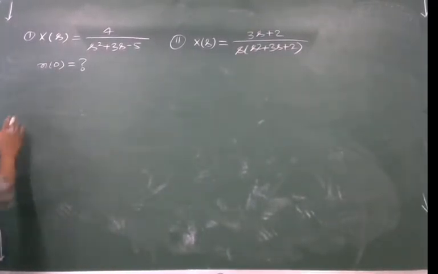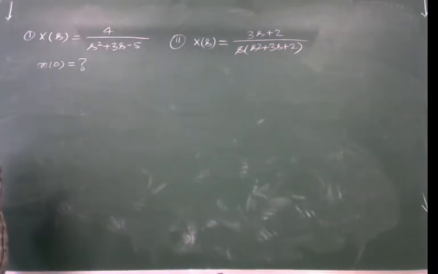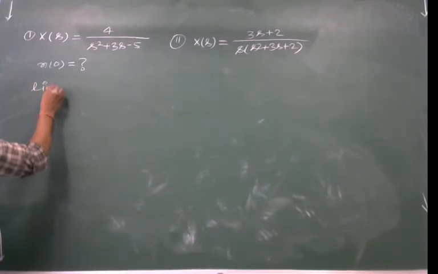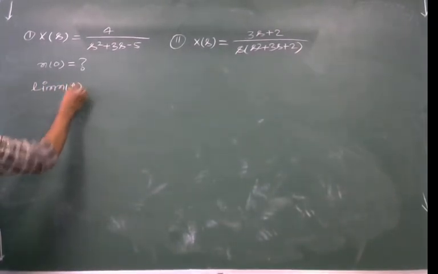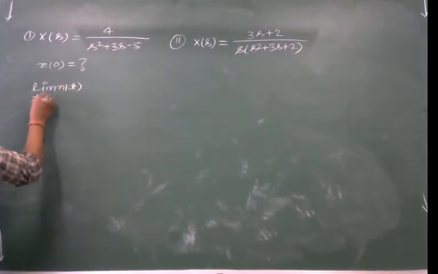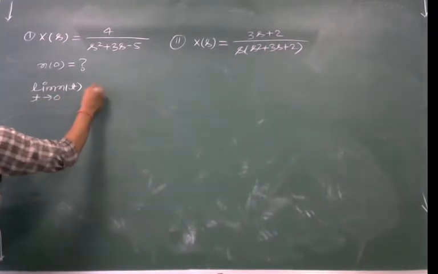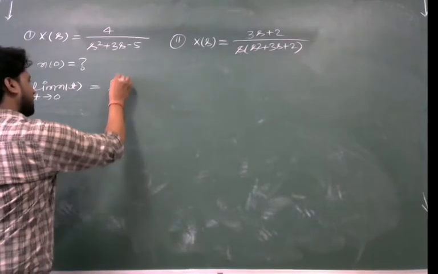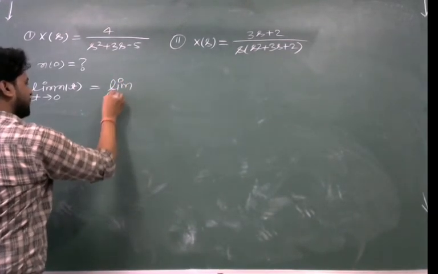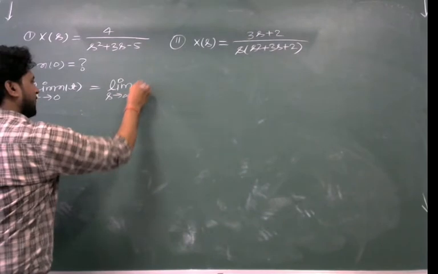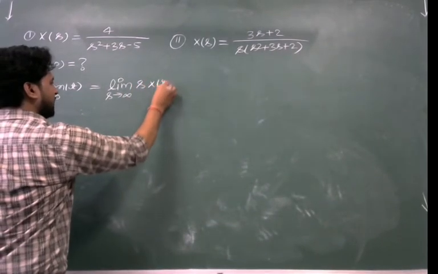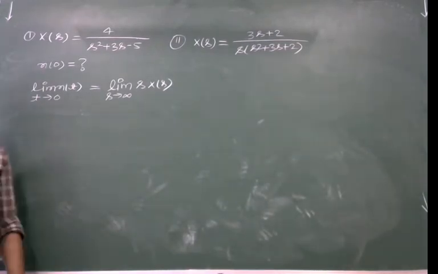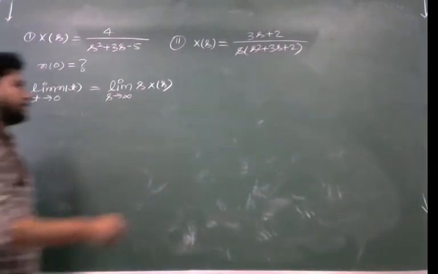From the initial value theorem, we know that the initial value of the function x(t), where t tends to 0, can be expressed in the form of Laplace transform as limit s tends to infinity of s times X(s), where X(s) is the Laplace transform of the given signal x(t).